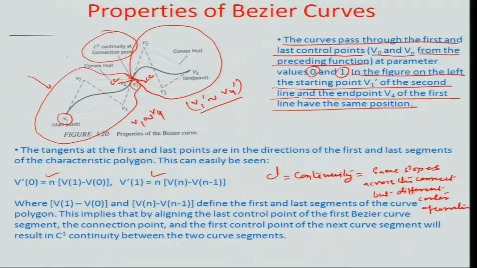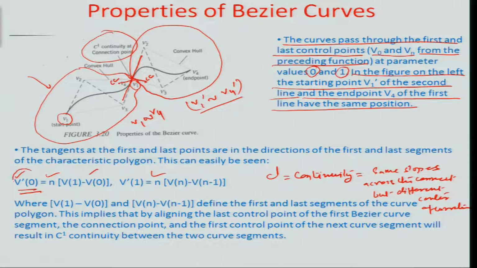Only what is important is that the slope of both the curves in both the directions are same to each other. So the slope here at v dash 0, I would say v dash 0 is the first part, or the slope at the first part of the curve should be equal to n times of v1 minus v0.